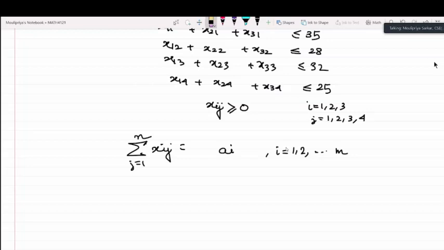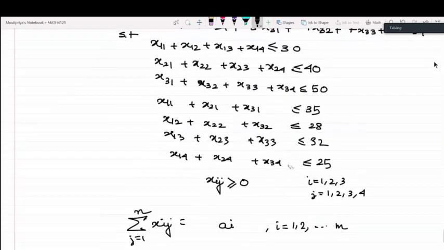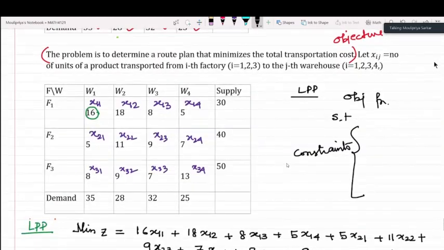Ma'am, is this exactly column wise? I didn't understand. If I add the first column, I am assuming that factory F1 can produce as much as the supply. Do you understand? I am assuming that x11 plus x12 plus x13 plus x14 is equal to 30. Okay, ma'am. A1, this is A2, this is A3, this is B1, this is B2, this is B3, and this is B4.